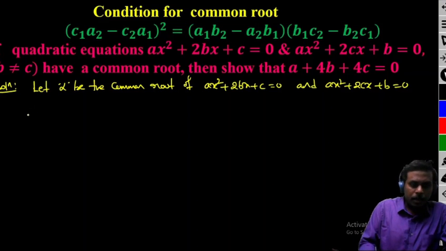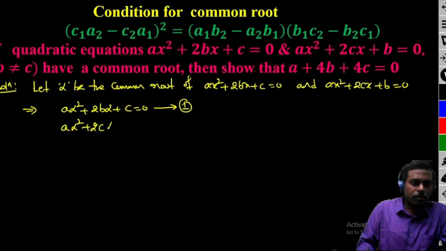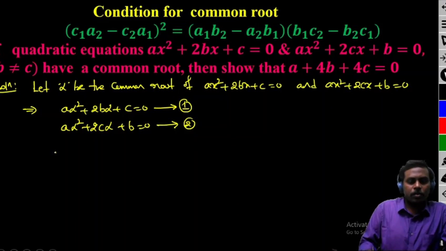So since alpha is a root, it has to satisfy both the equations, implies a alpha square plus 2b alpha plus c is equal to 0. You call it equation 1, and a alpha square means I am substituting alpha in the second equation. This becomes 2 into c alpha plus b is equal to 0. So this is equation 2.